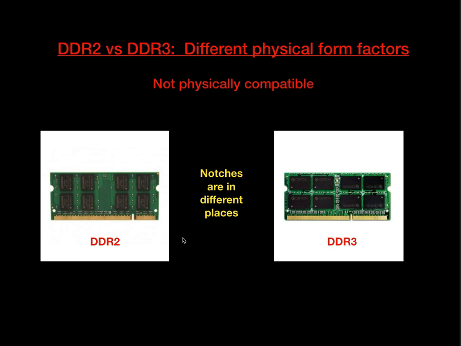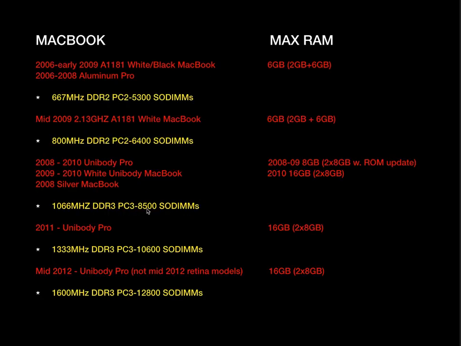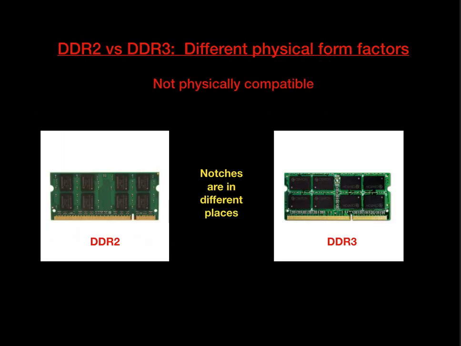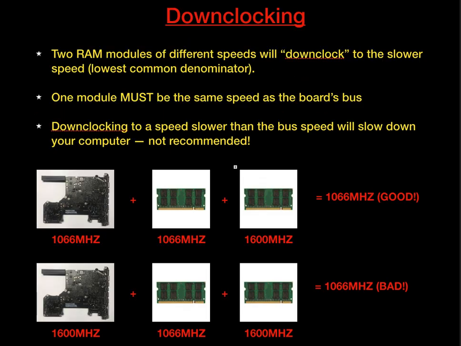They just won't physically go in, which helps in identifying the right RAM for a computer. However, between DDR2 machines, you can get the speeds mixed up, and it will go into the wrong machine. And between DDR3 machines, you can get the speeds mixed up, and the module will go into the wrong machine because you're still within a DDR3 world. I'll talk about the problems that presents.